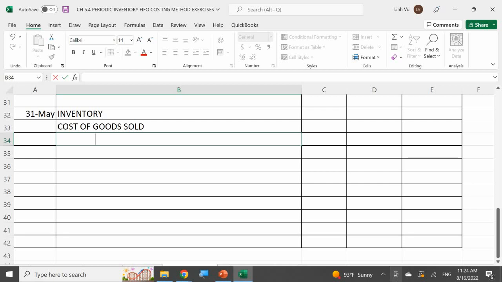Now that it's the end of the cycle, my inventory accounting cycle, I need to distribute all of the items that I have in my purchase expense and my freight expense and put them into the other 2 boxes, my inventory box and my cost of goods sold. I already know that 400 of those units are going to go straight to inventory.